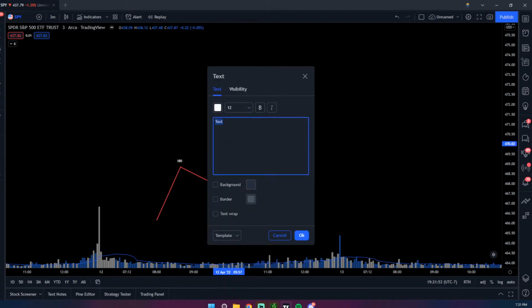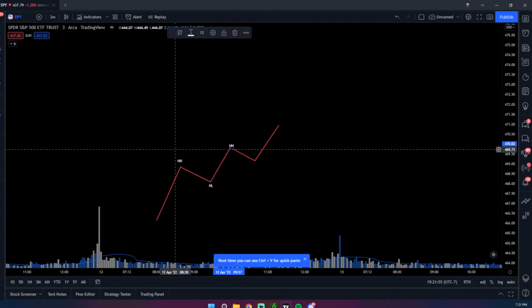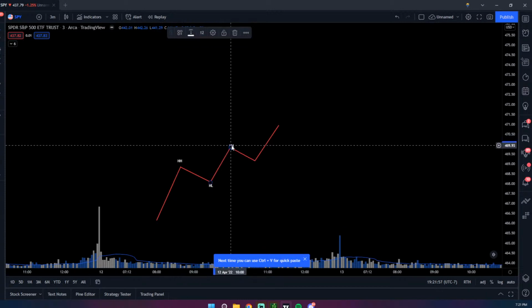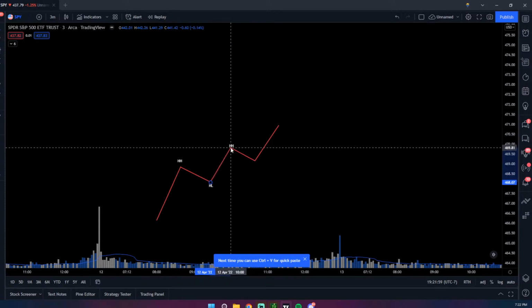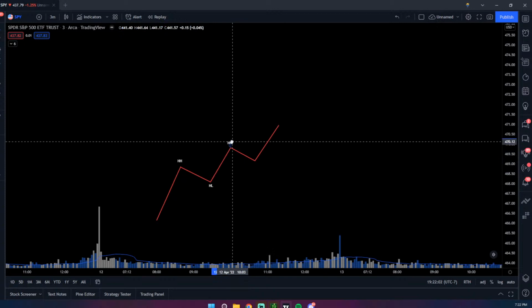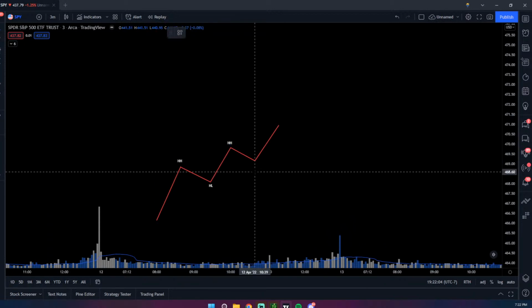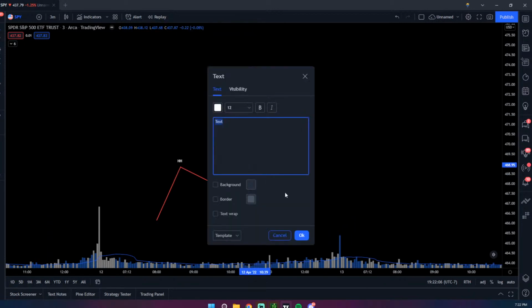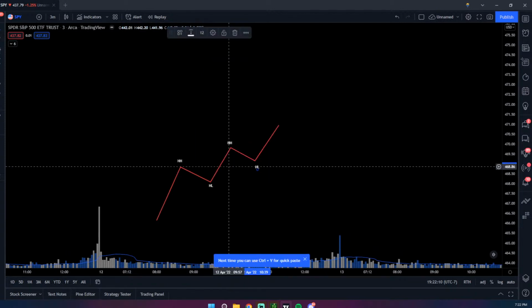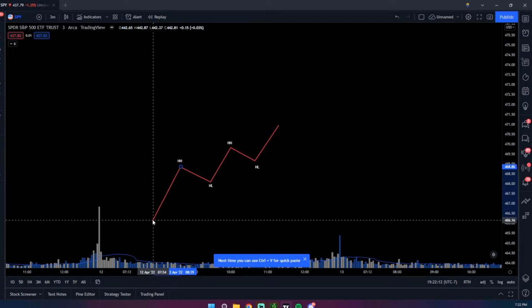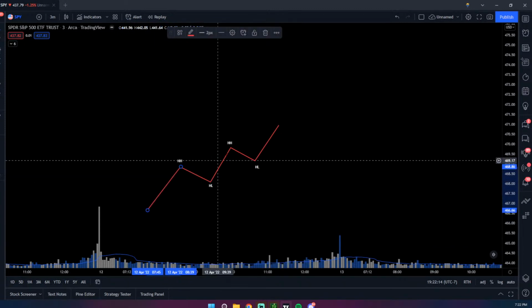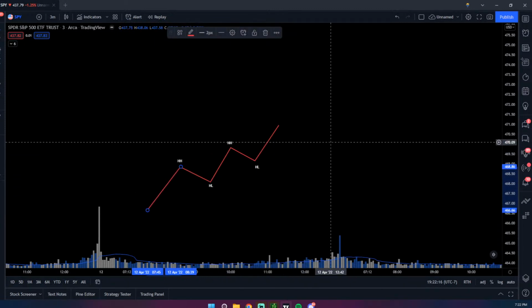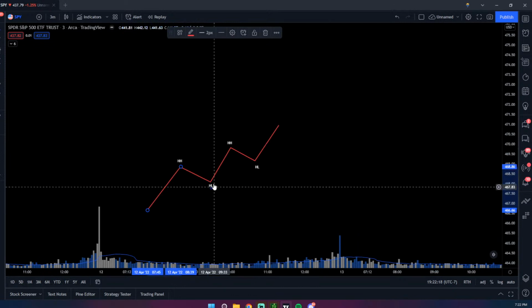Higher high. And a higher low. Right? So hopefully everybody knows this as an uptrend, the normal ebb and flow of the market: up, down, up, down, up.